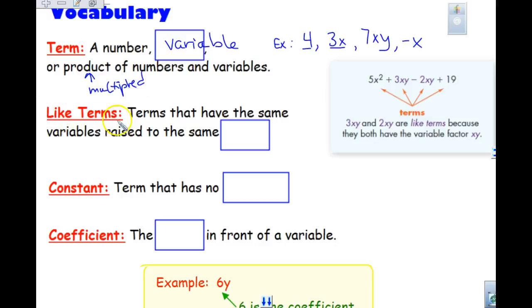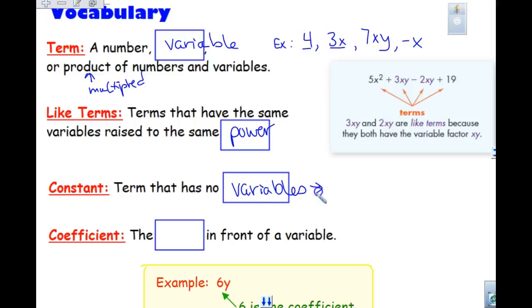Let's just go through some definitions. Like terms are terms that have the same variable raised to the same power. So, in this example, all of these are terms. The constant term is the one that has no variables.